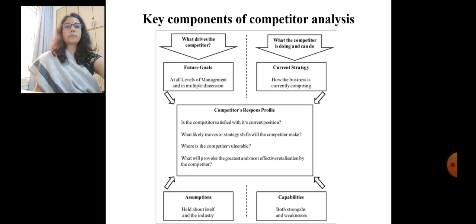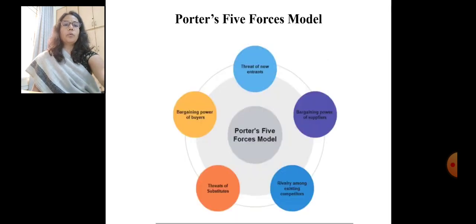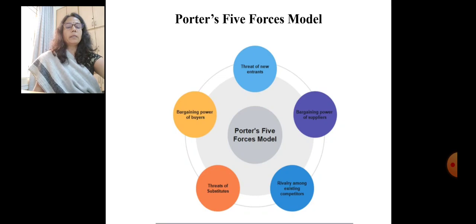Then coming back to Porter's 5 force model, very important, and this is one such model which helps to analyze the industry. These 5 force factors consist of threat of new entrants, threat of substitutes, bargaining power of buyers, bargaining power of suppliers, and degree of rivalry.